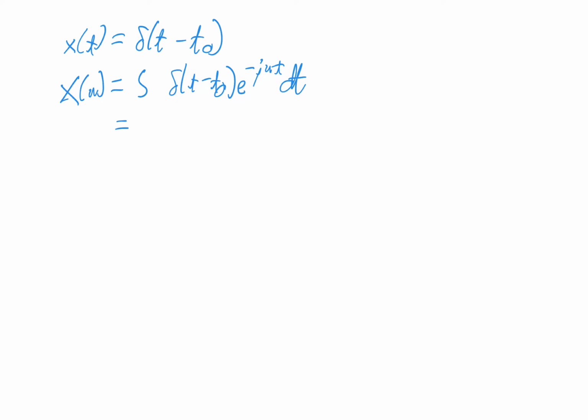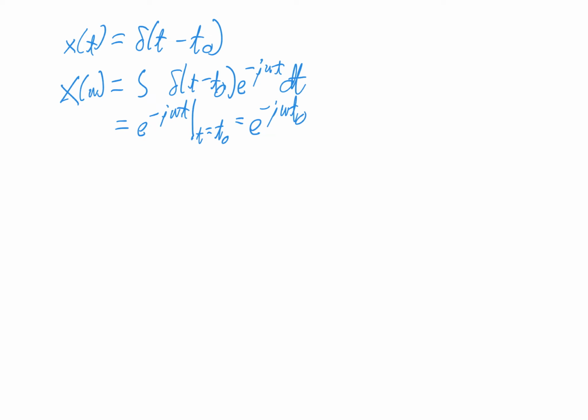So the value of e to the minus j omega t only matters at the point when t equals t0, and the area of the delta is 1, so it does not change or scale what e to the minus j omega t is doing at that time. So the sampling property tells us we take the e to the minus j omega t and we sample it at t equal to the location of the impulse. If we simplify that, the answer is e to the minus j omega t naught.